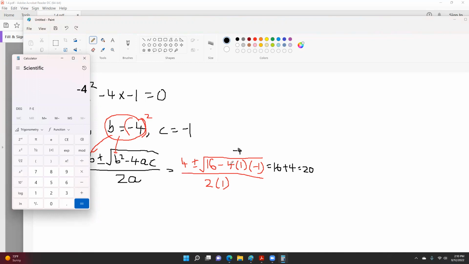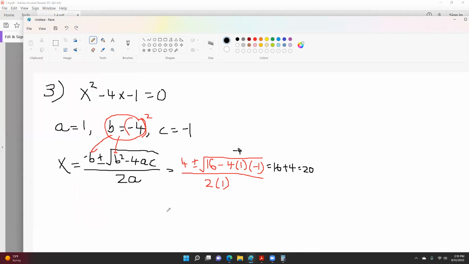This is -4 times 1 times -1. So this is why I got a +4. Make sure you guys know how to do this, it's especially very important. And then you add, because this is a positive now, so you add 16 plus 4 is 20.